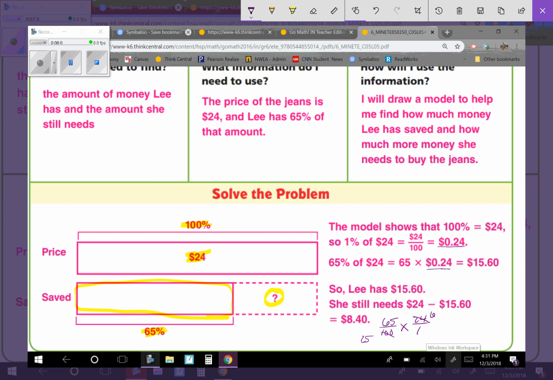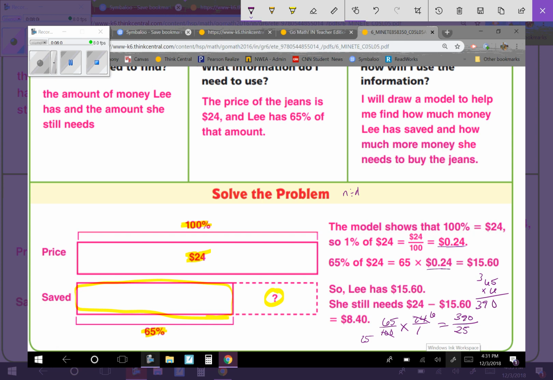To me, that's a little bit easier to solve. So now I'm going to take 65 times 6. So now I have 390 over 25. So now you take numerator divided by denominator.